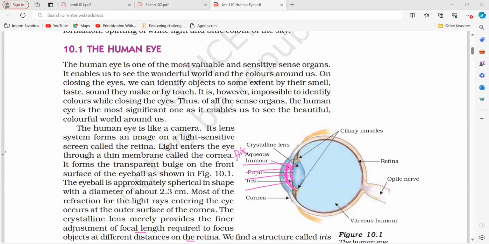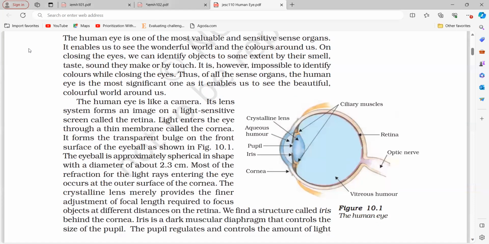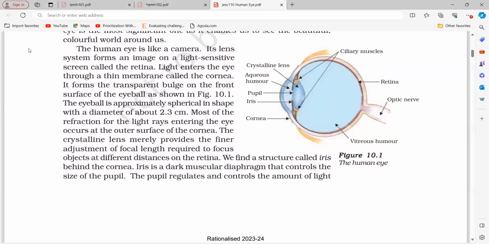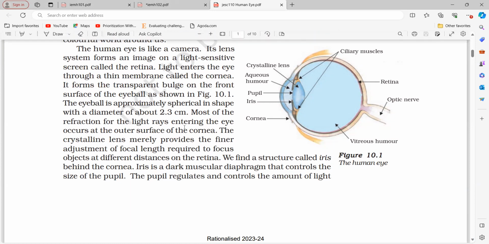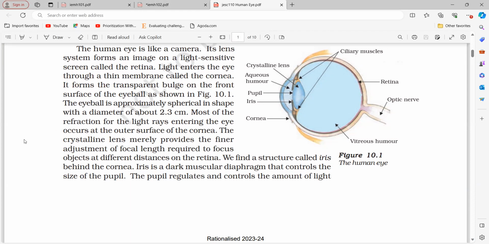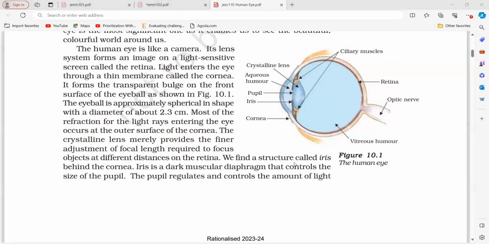Sometimes, when we go into bright light outside, we tend to close our eyes, and when we enter into a dark room, we tend to open up our eyes more. We find a structure called iris behind the cornea.